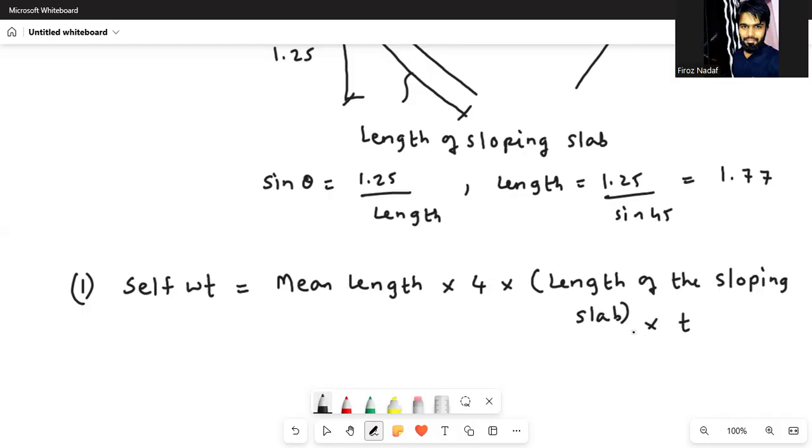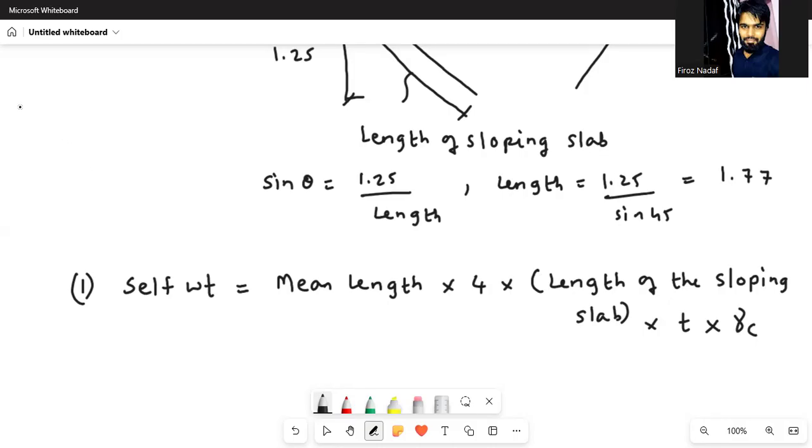The thickness of the side wall is 180 mm. The same thickness we will take in the hopper bottom. The thickness of the hopper bottom is also 180 mm, into the density of the concrete. So this is how to find the self weight of the sloping slab.